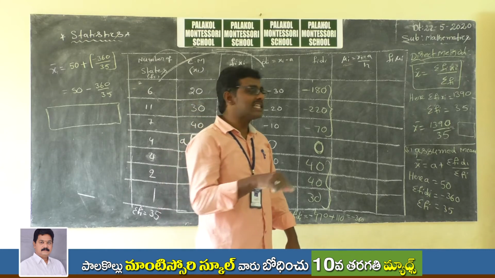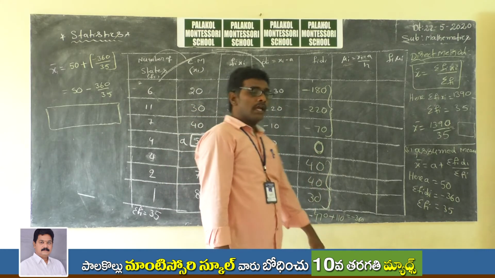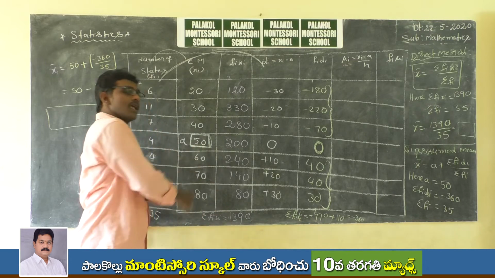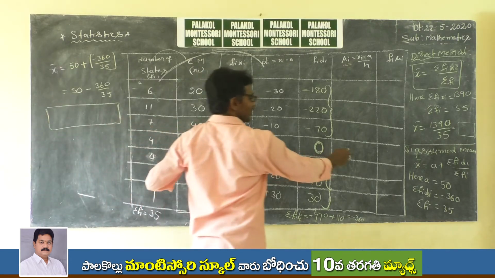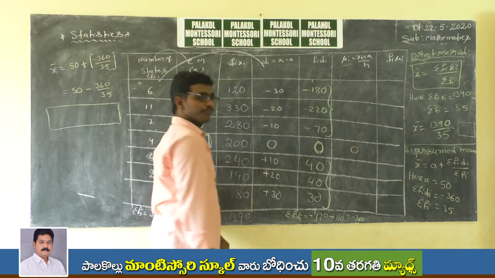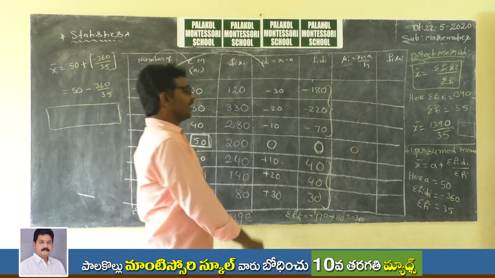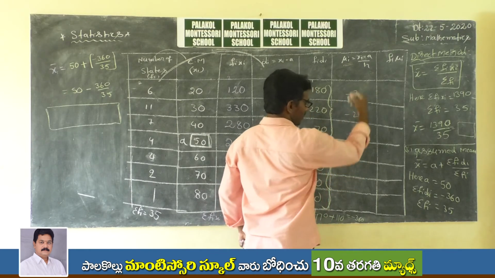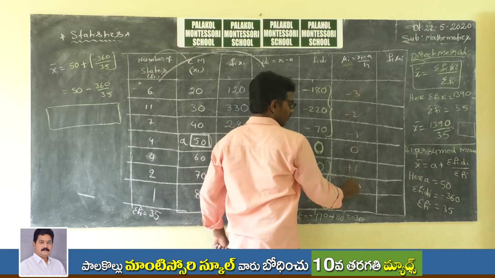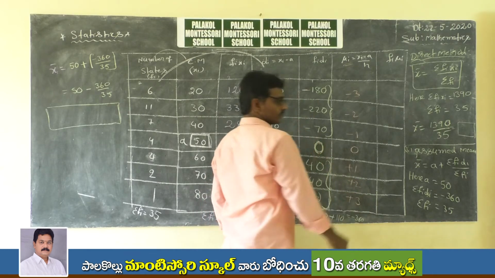So one logic is there in this case. Here you choose the assumed value, that is A, and at that place you write 0 immediately. Upside take the negative values: minus 1, minus 2, minus 3. Downside you take plus 1, plus 2, plus 3.